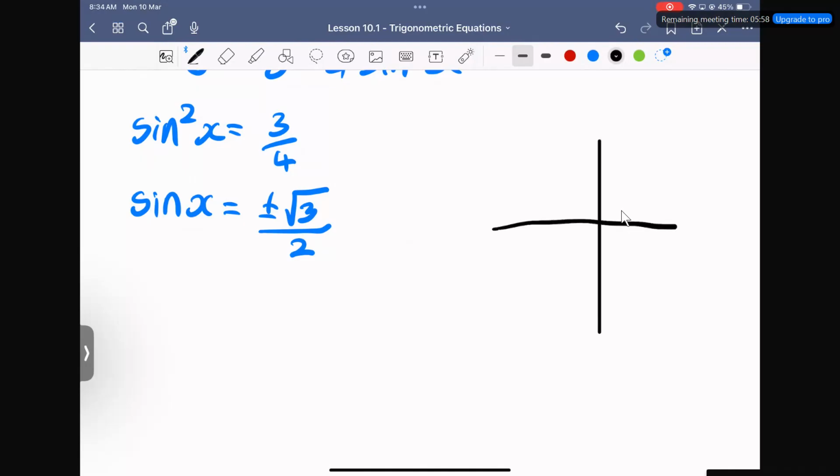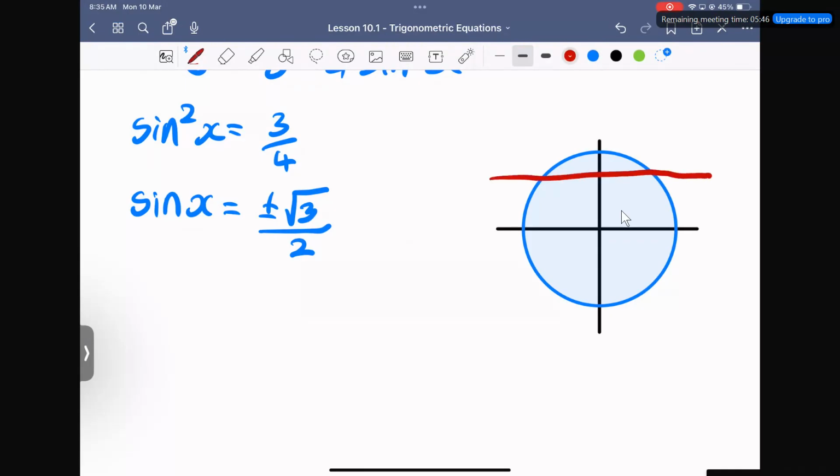So, for a quick sketch of the unit circle. Is the sine function the y value or the x value? So we want the y value to be root 3 over 2, and we want the y value to be minus root 3 over 2. So this is the line y is equal to root 3 over 2.